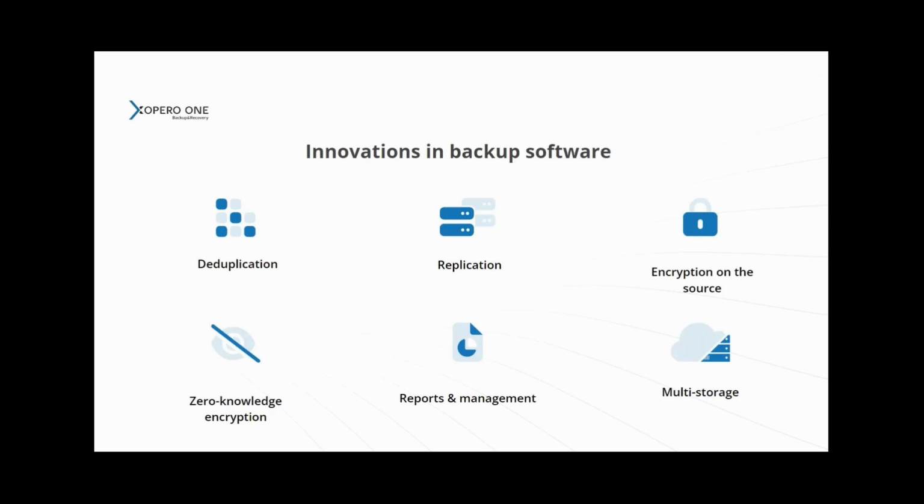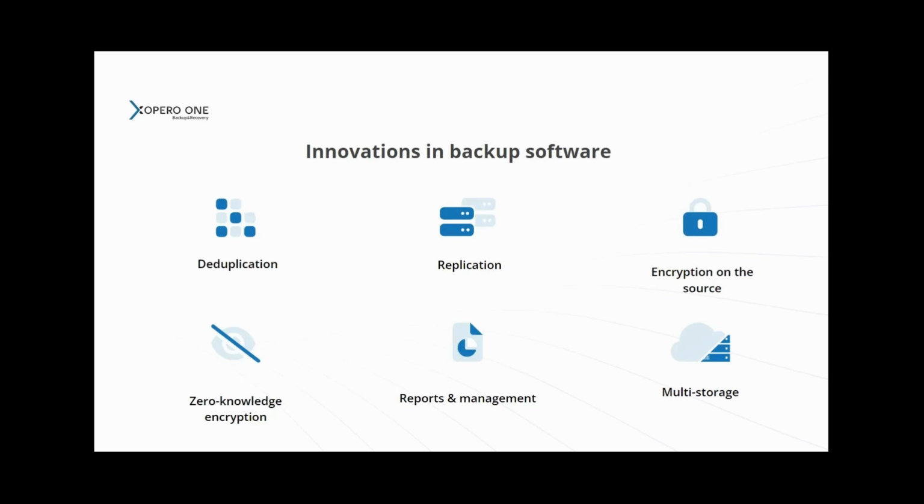When it comes to innovations in the backup software itself, there are a few technologies that can make our software stand out from the rest and make the whole backup process a lot easier and more convenient. First of them being deduplication. Deduplication is a process that allows us to save the storage space that is needed to store our data.